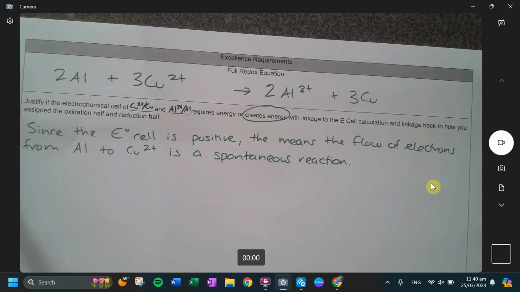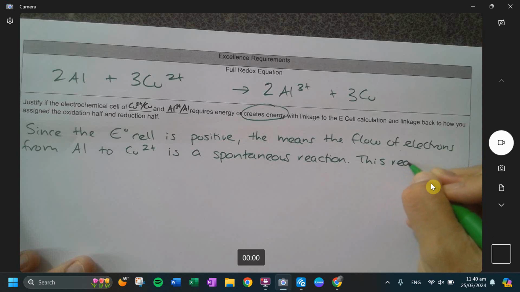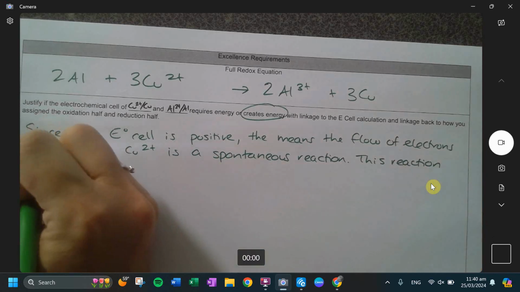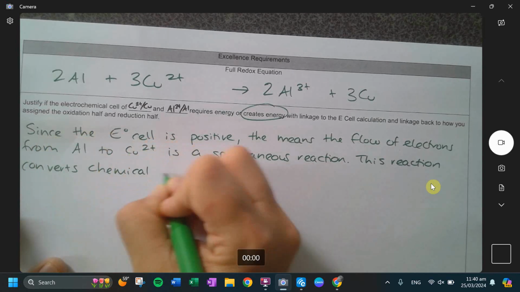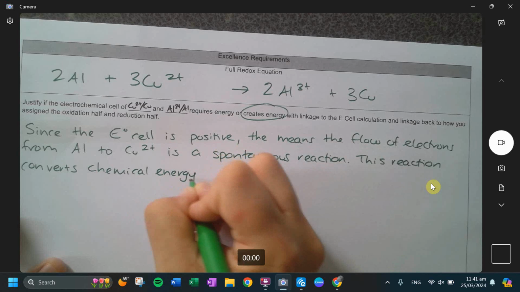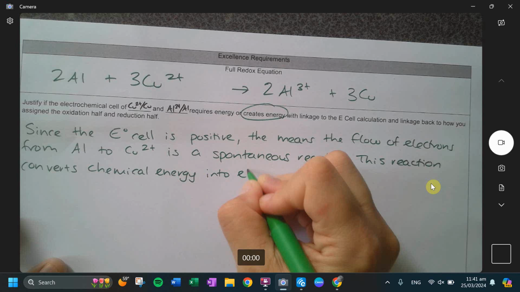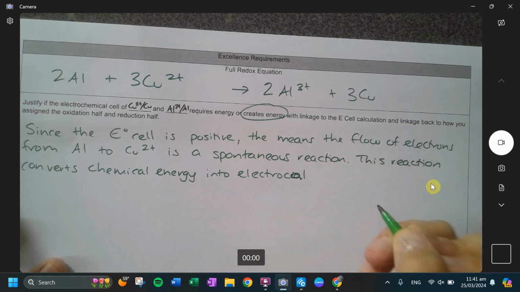So because this is a spontaneous reaction, we're going to be converting the chemical energy that's being stored in these bonds into electrical energy, which can now do some work. I can't spell electrical.